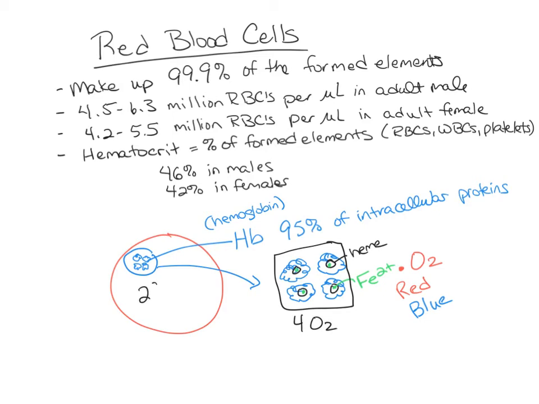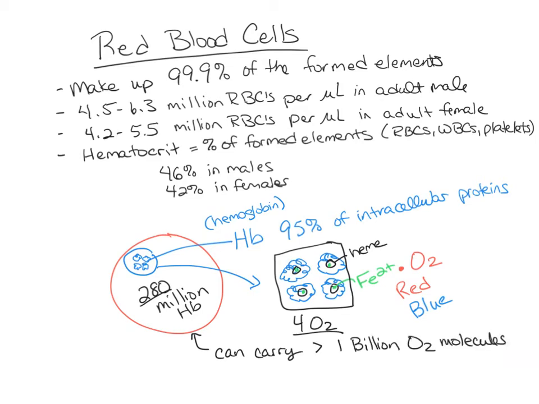Each red blood cell has about 280 million hemoglobin molecules. So if we multiply 280 million hemoglobin by 4 oxygen, that means that every red blood cell can carry over 1 billion molecules of oxygen.